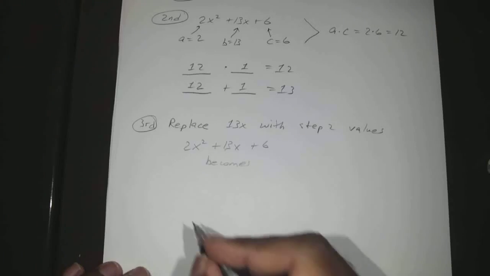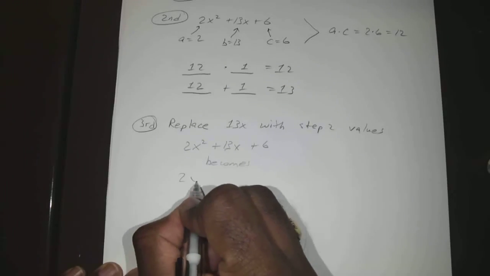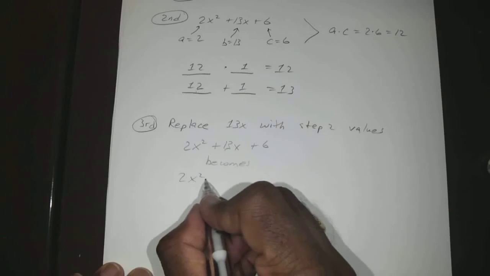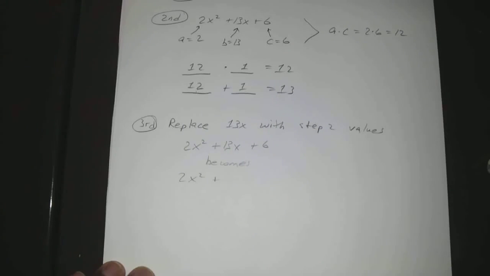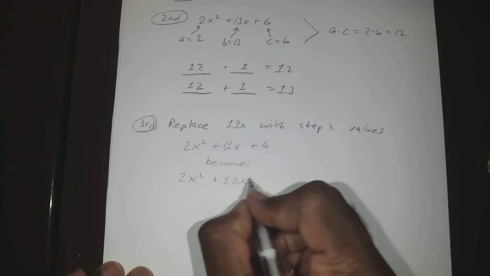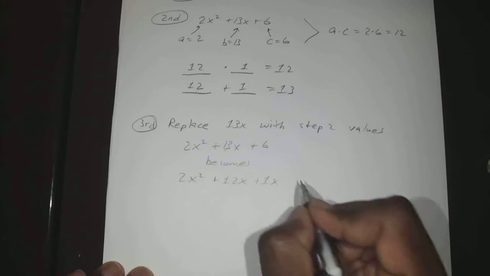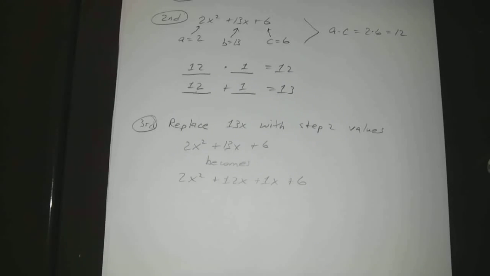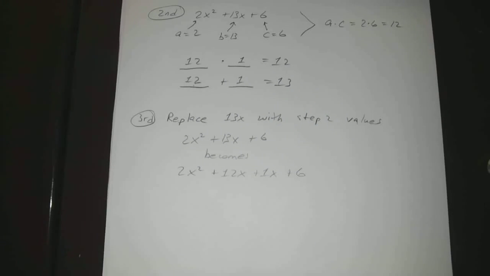There we go. 2x squared plus 12x plus 1x. Or you can use 1x and 12x. You'll get the same answer either way. Plus 6. Okay. And then from there we just factor by grouping.